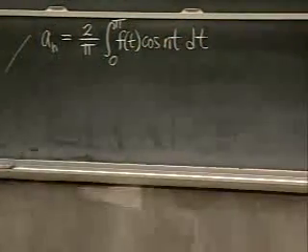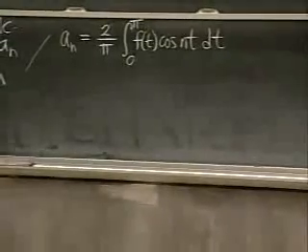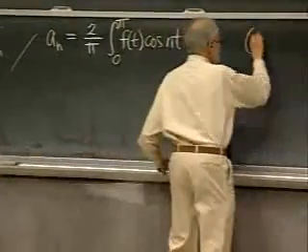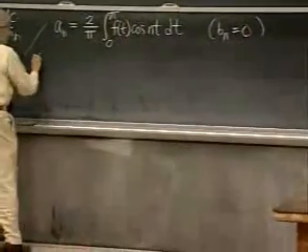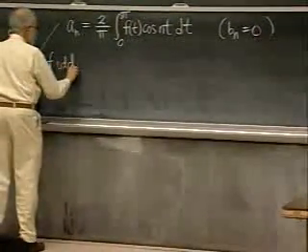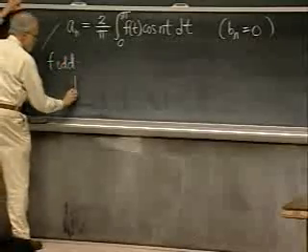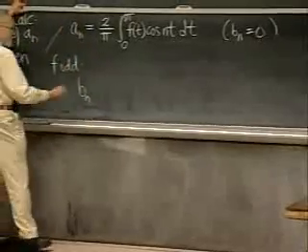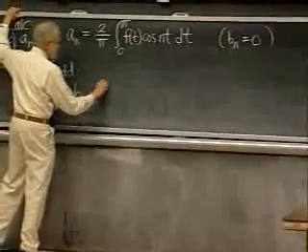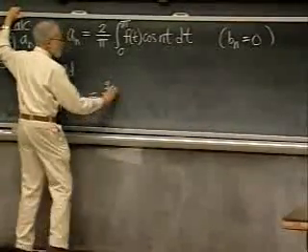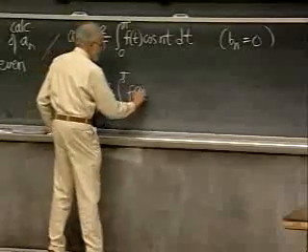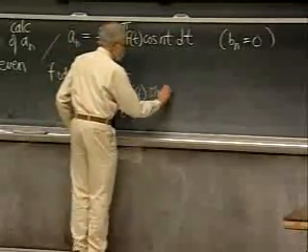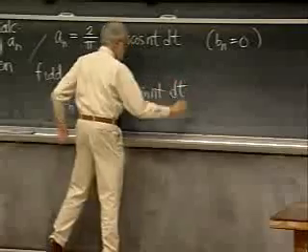Of course, I don't have to tell you what bn should be, because bn will be 0. And in the same way, if f is odd, the same reasoning shows that an will be 0 this time, but bn will be 2 over pi times the integral from 0 to pi of f of t sine nt dt.